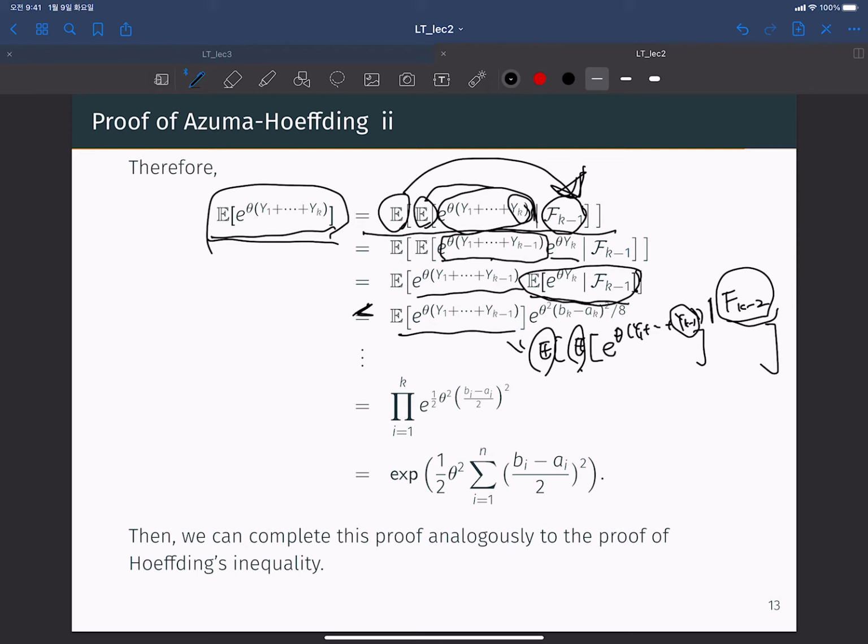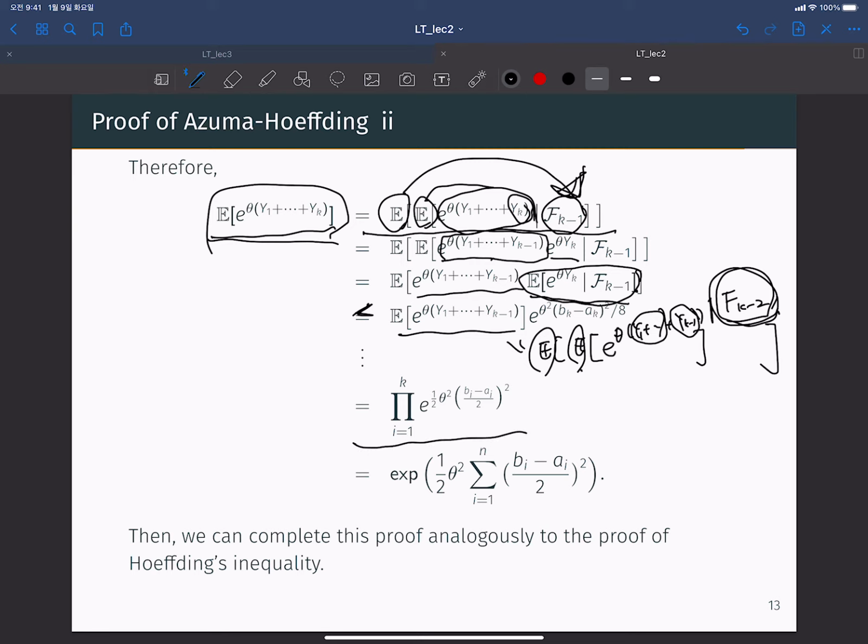Again, since these terms are constant for given filtration, we can move the constant part to the outside of the expectation. Then when you apply Hoeffding's lemma again, you have the exponential of zeta squared times bk minus 1 minus ak minus 1 squared over 8.